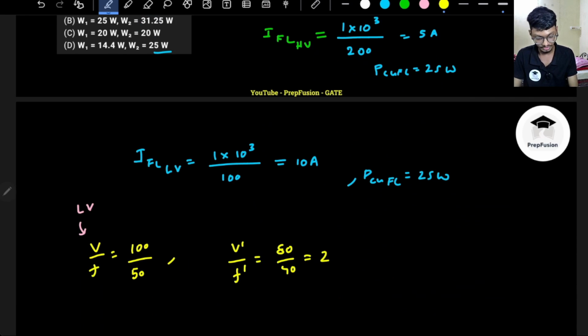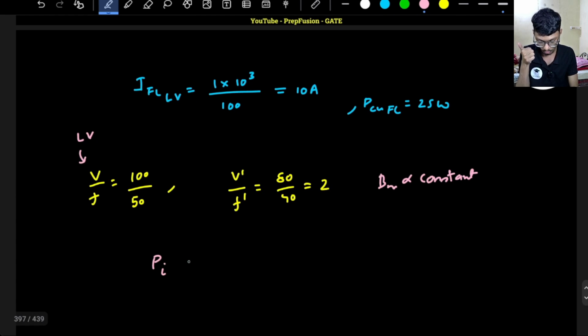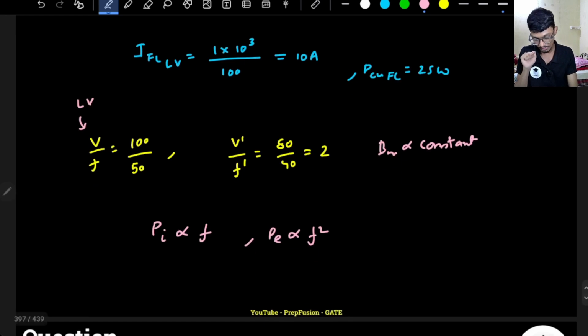So that is constant. So the flux density Bm is constant. It will not change. So if flux density is not changing, what is changing? Frequency is changing. So in case of iron loss, hysteresis loss is proportional to F, and eddy current loss is proportional to F square if the flux density is constant.